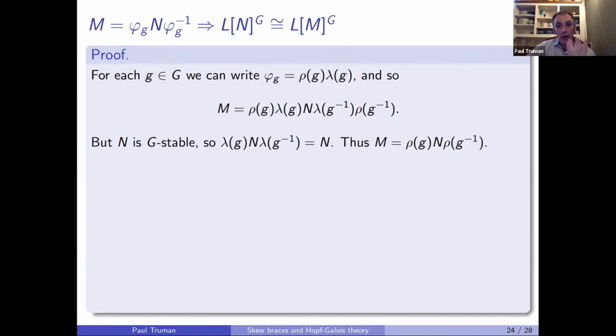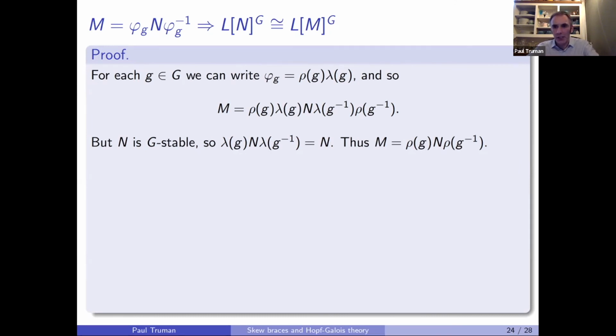And so when I conjugate N by this inner automorphism, what I'm really doing is conjugating it like this. And then if I use the fact that N is supposed to be G-stable, then that means that I can absorb the lambda of g and the lambda of g inverse, that conjugating N by those just gives me N again. So really M is just N conjugated by rho of g.